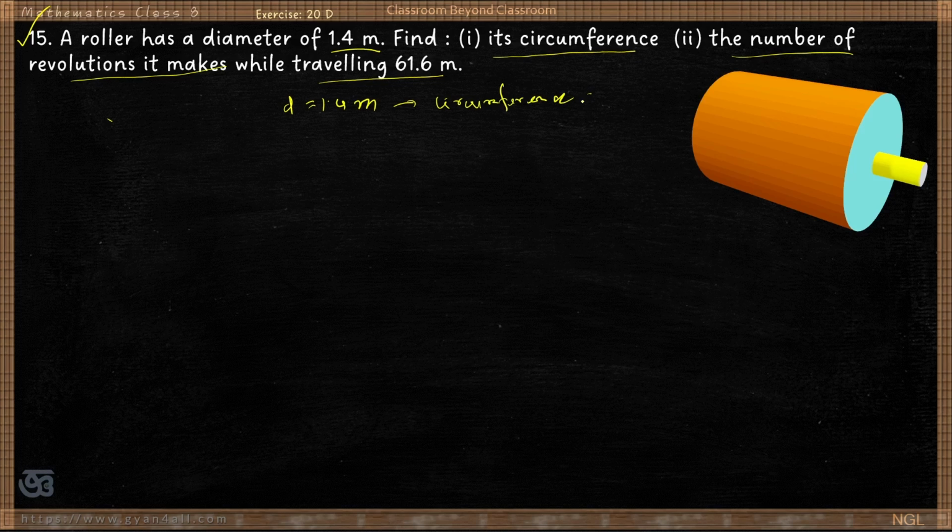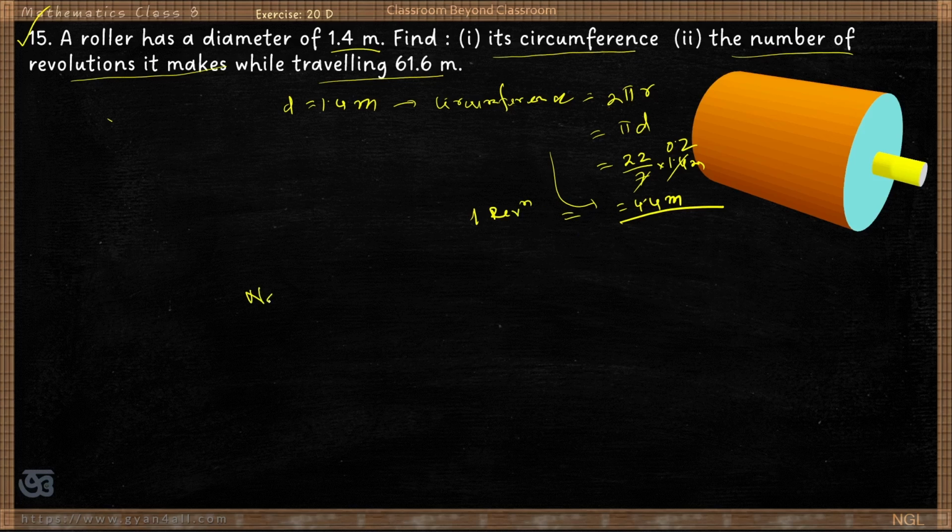Circumference is equal to 2πr, and that is actually πd. So π is 22 divided by 7, multiplied by d, which is 1.4 meter. So this is 0.2, and this is equal to 4.4 meter. This is the circumference, and circumference means 1 revolution is equal to 4.4 meter.